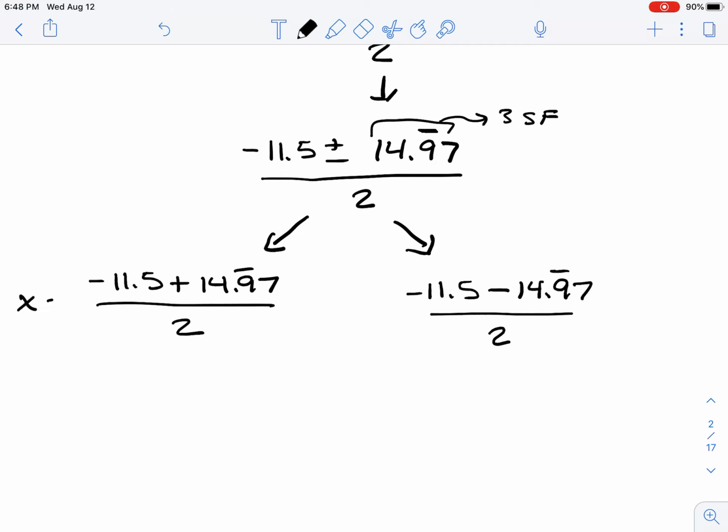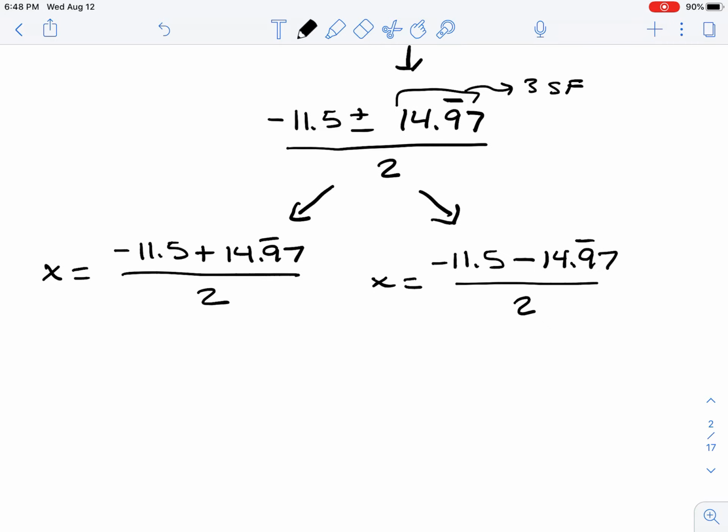So if these are our 2 roots, our 2 values for x, we're going to go ahead and reduce these values. In my calculator, I'm going to put in negative 11.5 plus 14.97 divided by 2. This gives me a value of 1.735. And since I have 3 sig figs, I'm just going to round this to 1.74.